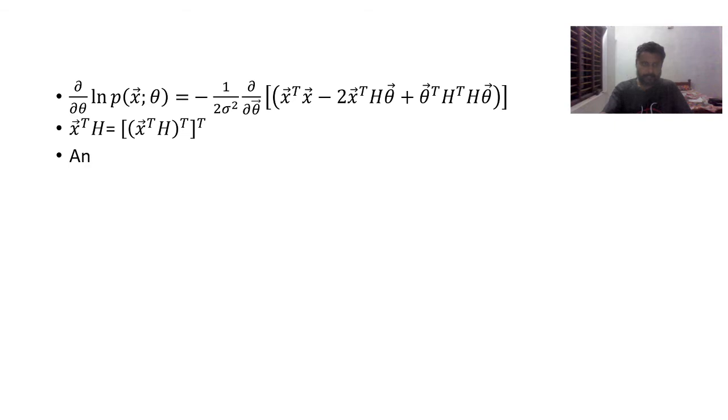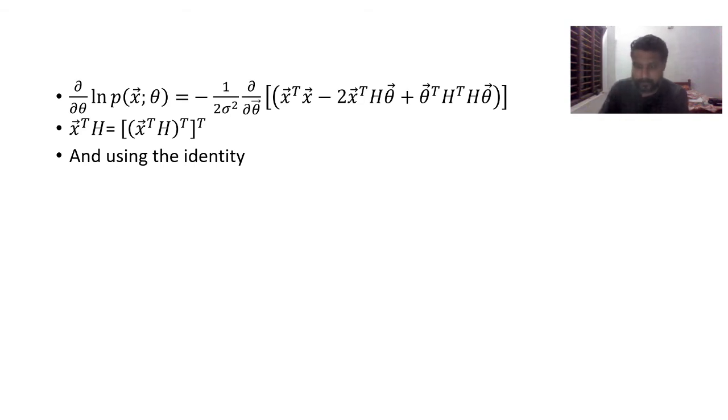And again, using the identity, there is one identity I will prove after completing this equation for the linear model. There are two identities; one identity is very simple, the other is also simple, but I will prove it in the coming video.